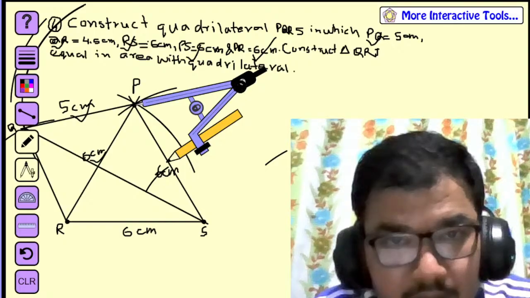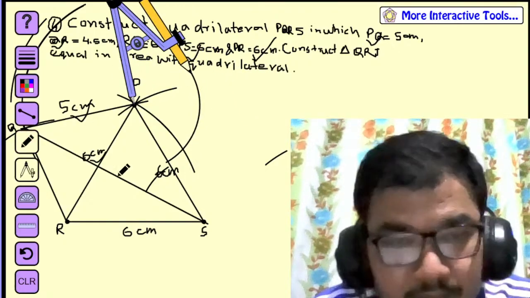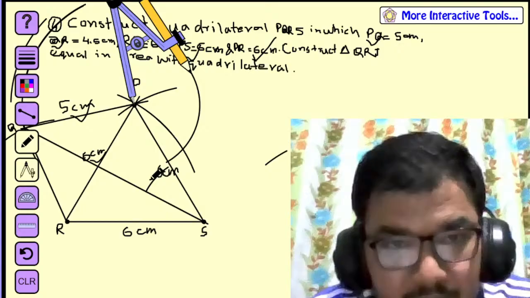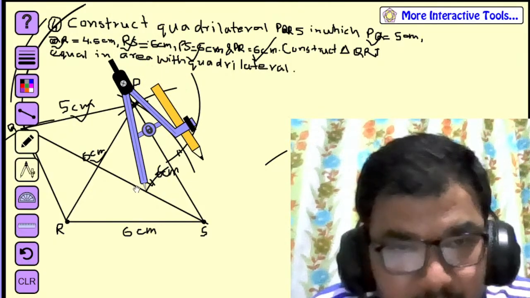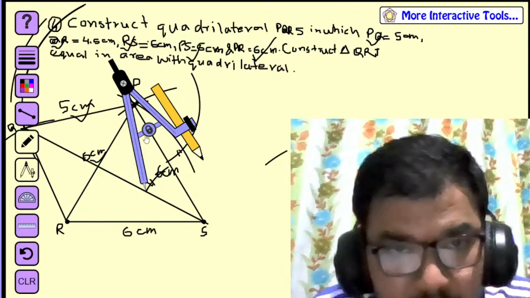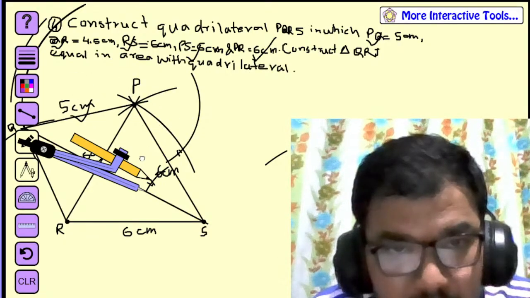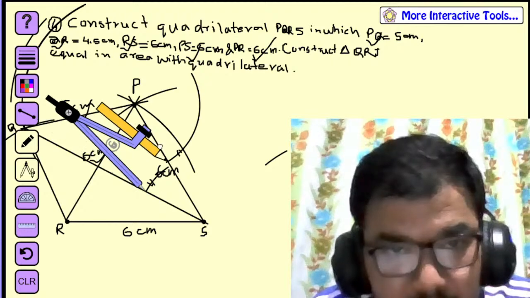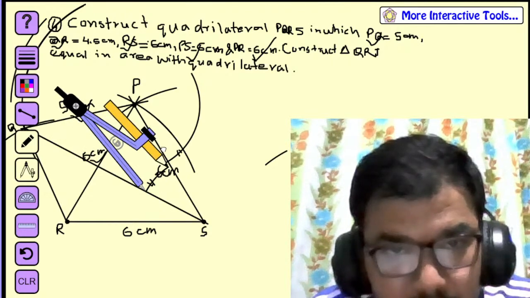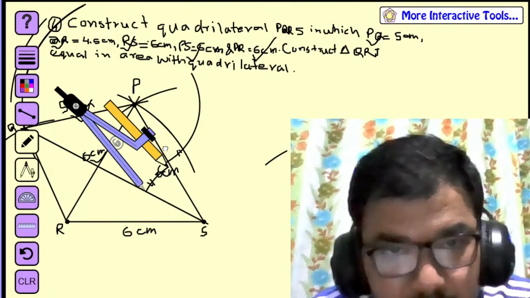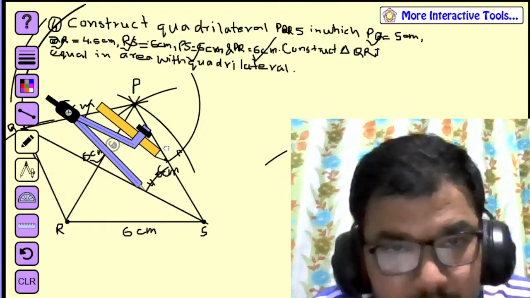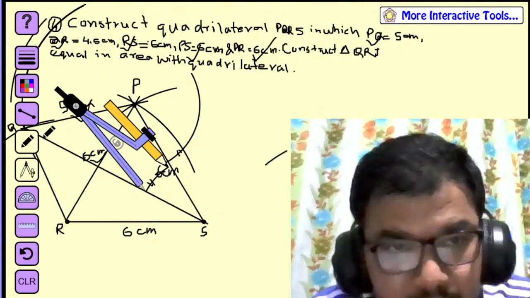Our main aim is to make this arc length and this arc length equal. For that, one thing is left: put the compass here at this tip. Okay, look at this point and measure this one. See, measure this arc length here like this. Okay, this should go here, this line.